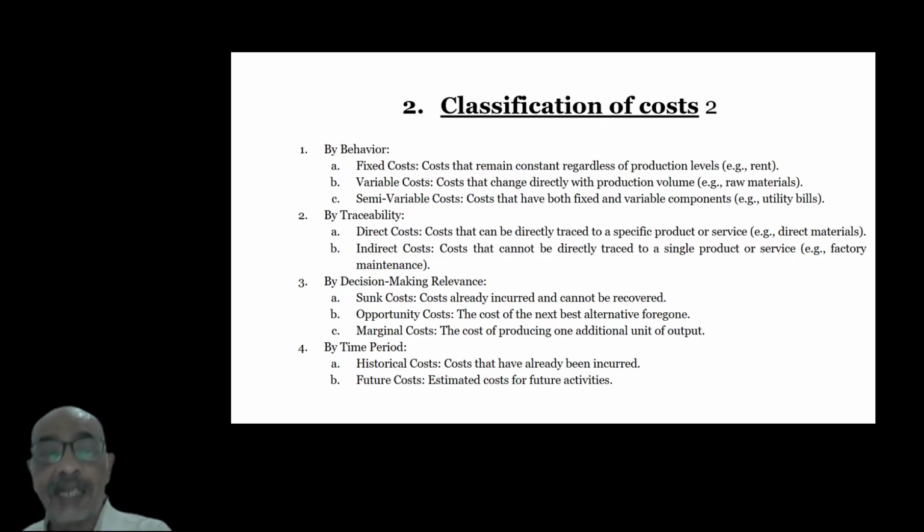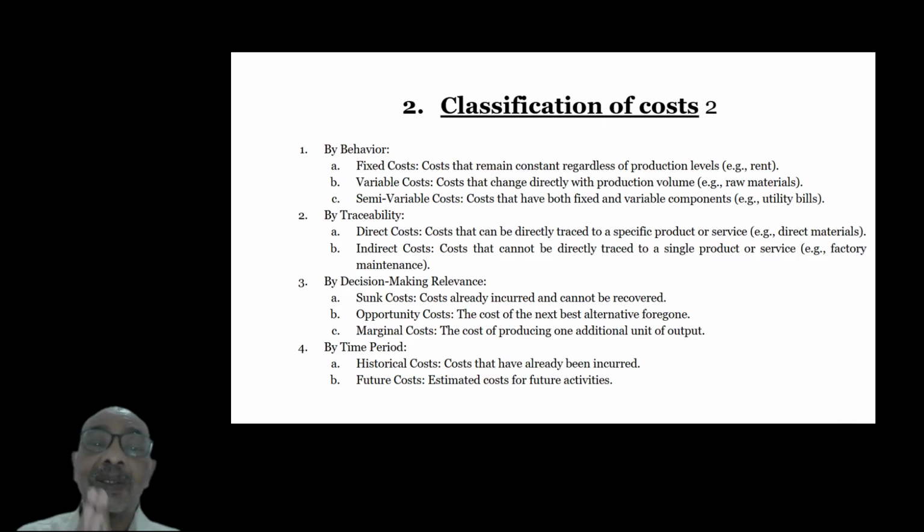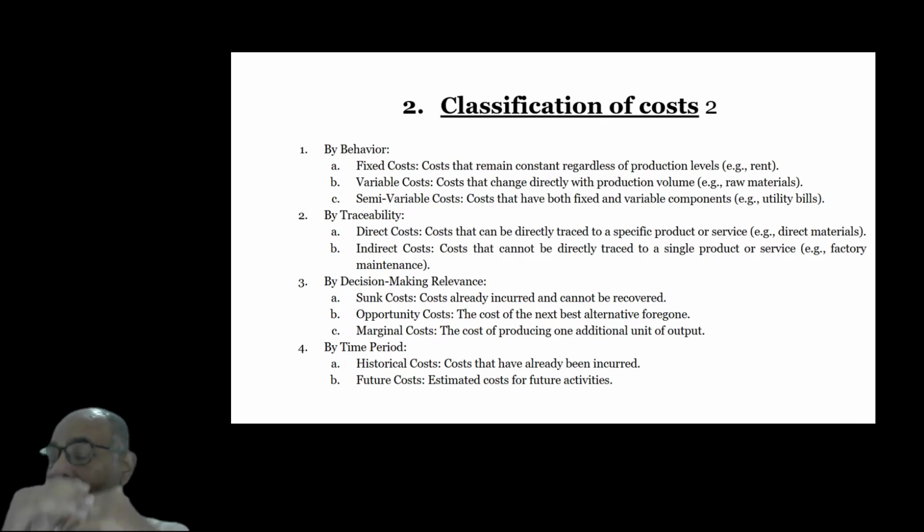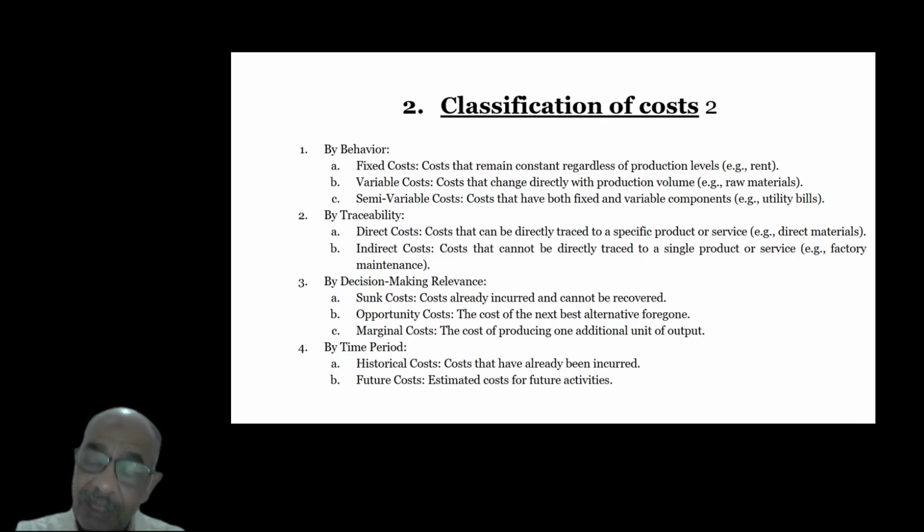Fixed cost are costs that remain constant regardless of production level. Production level is one unit, or 30,000 units. The same.